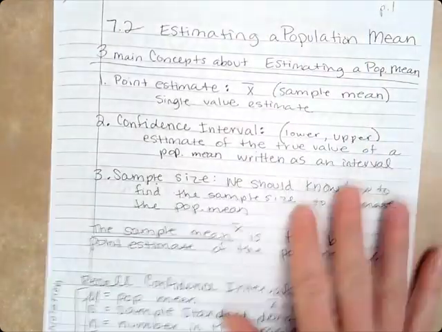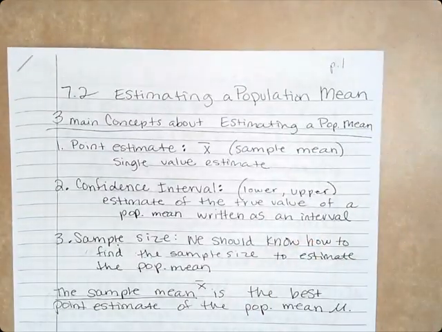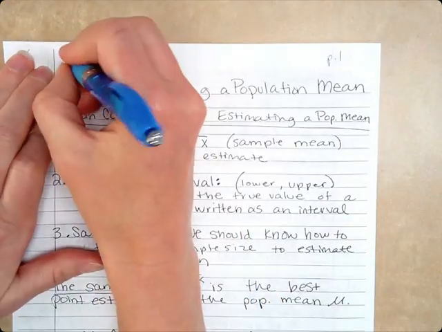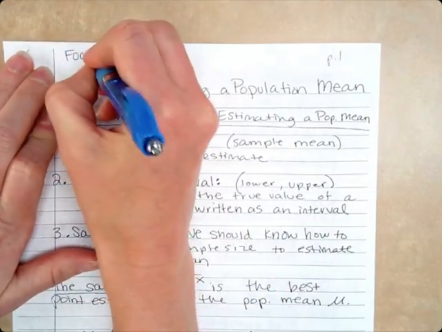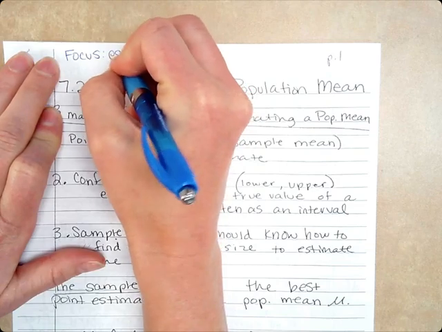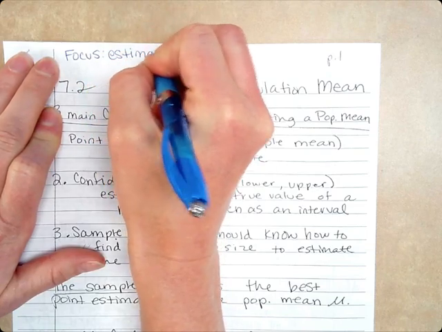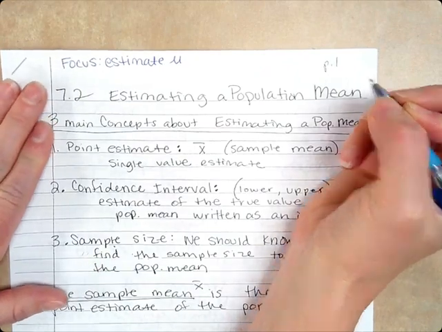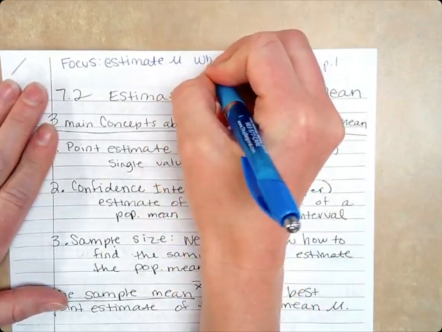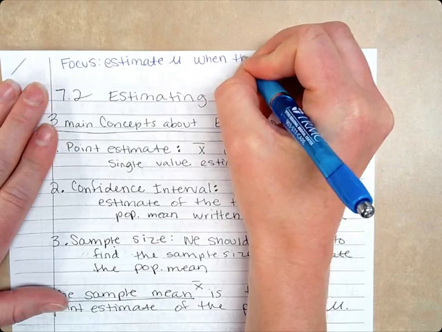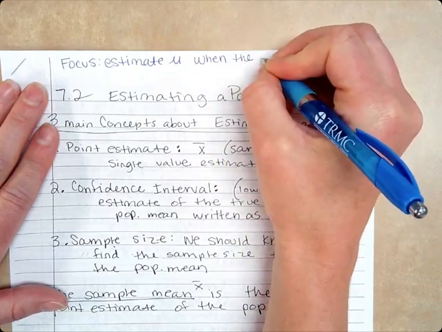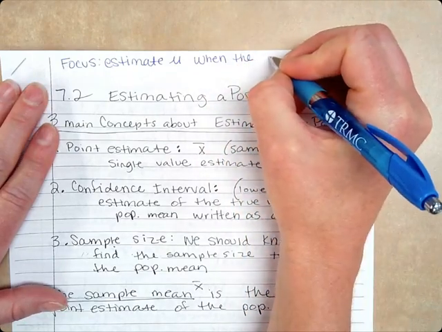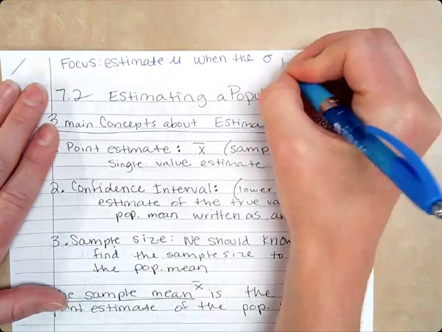Okay, we are going to estimate a population mean. And so our focus or our goal here is to estimate mu, which is our population mean, when the standard deviation is unknown.